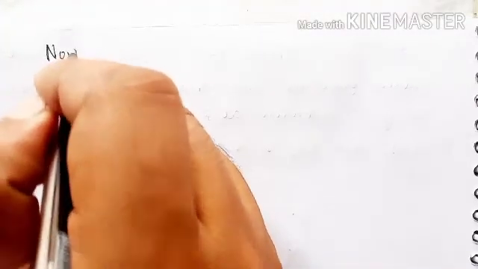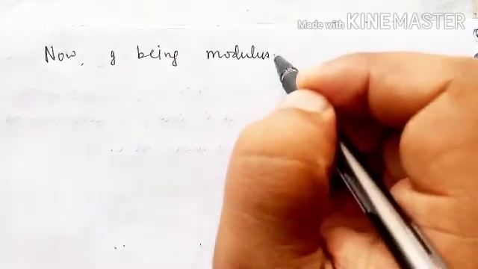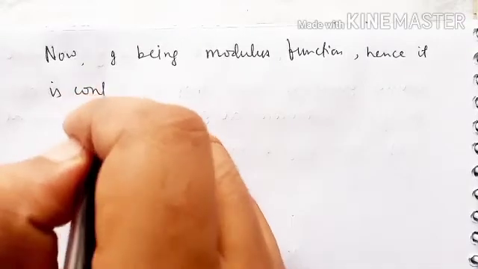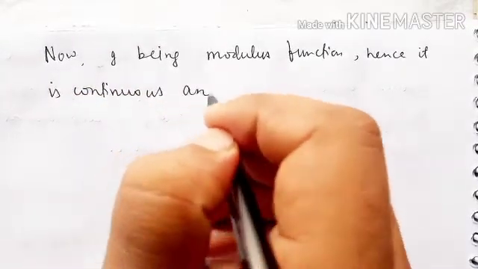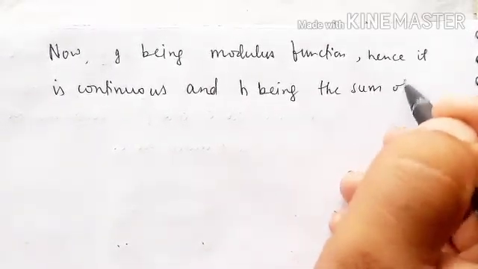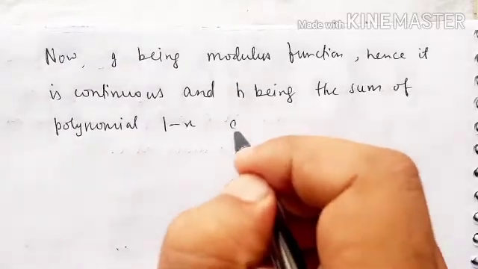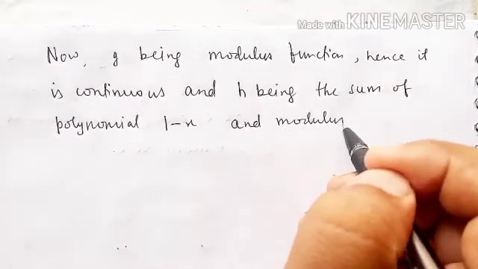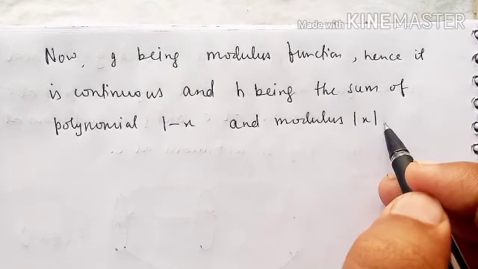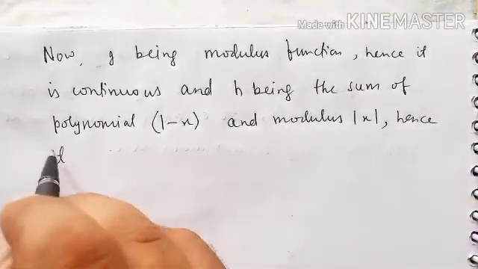Now g being the modulus function, hence it is continuous, and h being the sum of the polynomial 1 minus x and the modulus mod x, hence it is continuous.